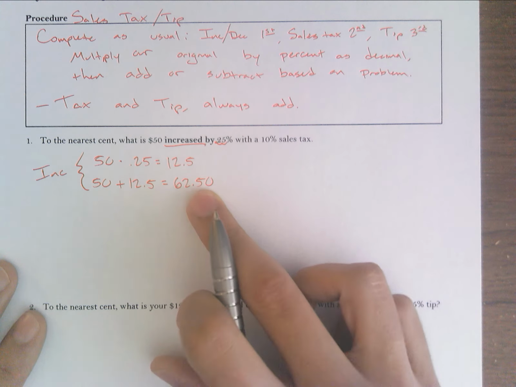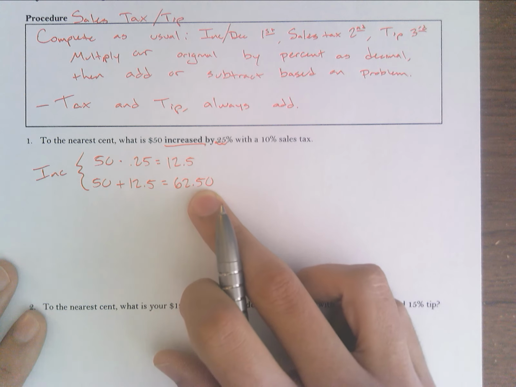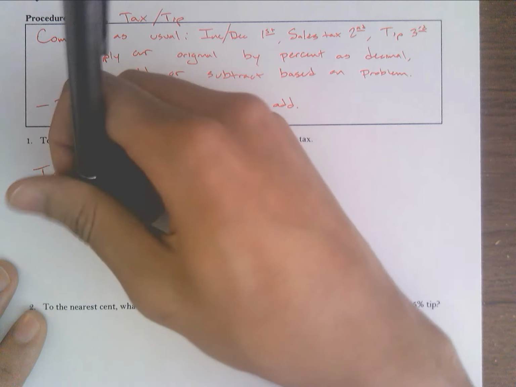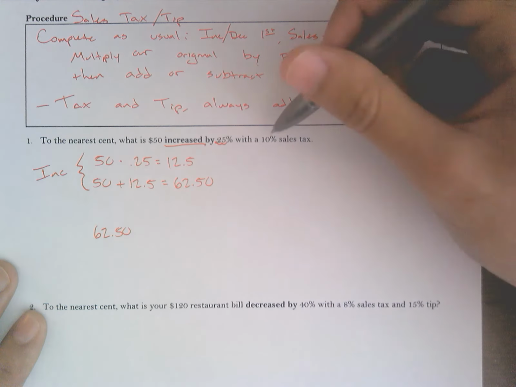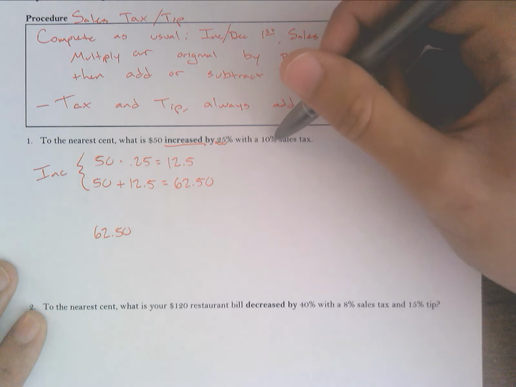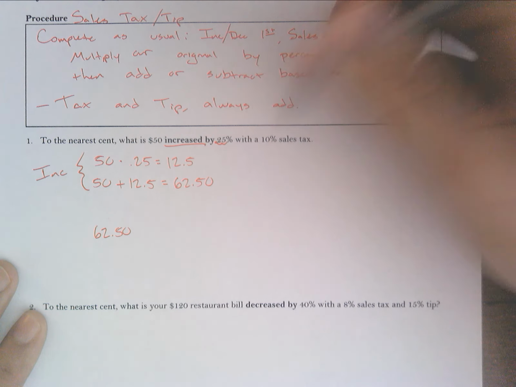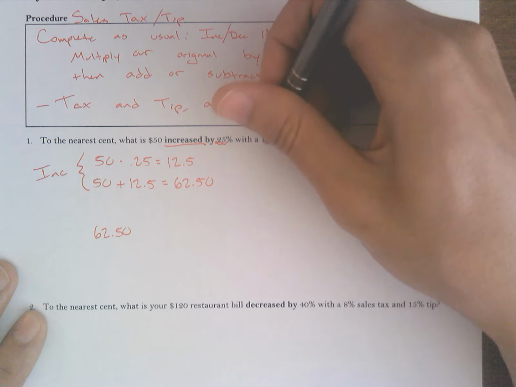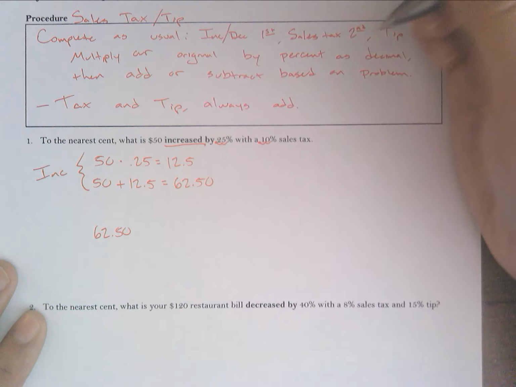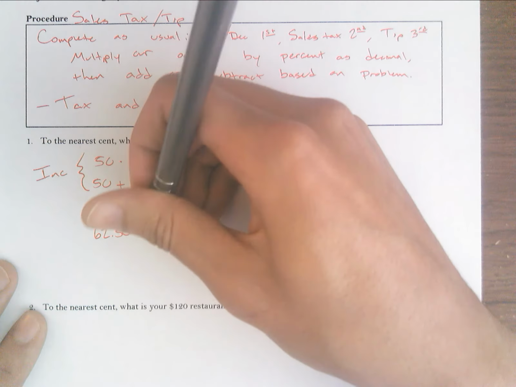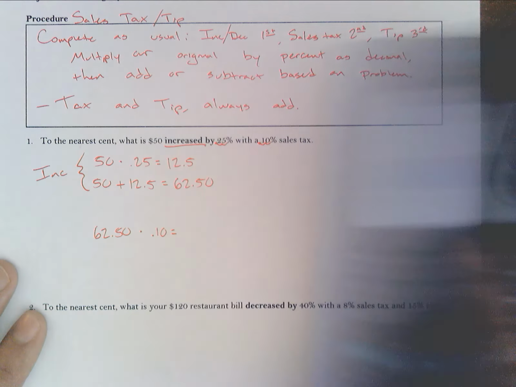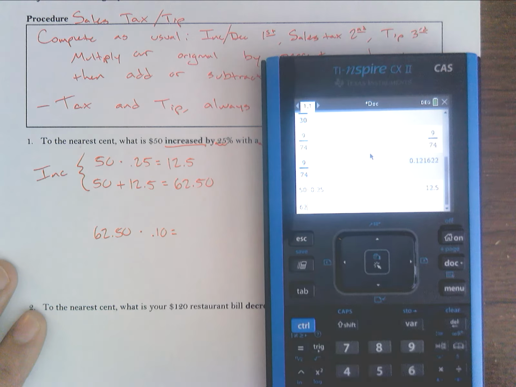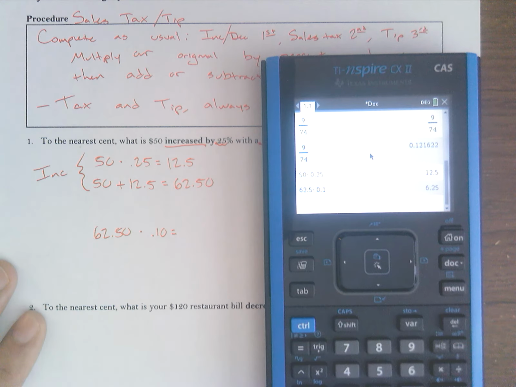We just take this number, our 62.50, as our starting number, and we multiply by the sales tax as a decimal. The sales tax is 10%. As a decimal, we move the decimal place over, 0.10. So if you multiply 62.50 times 0.10, you have 6.25.